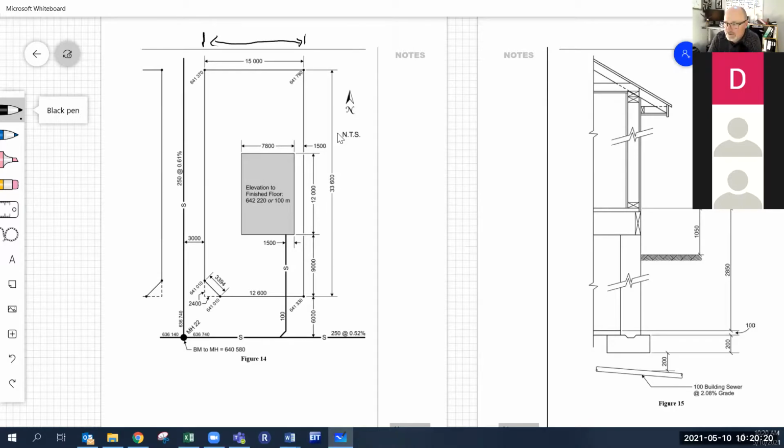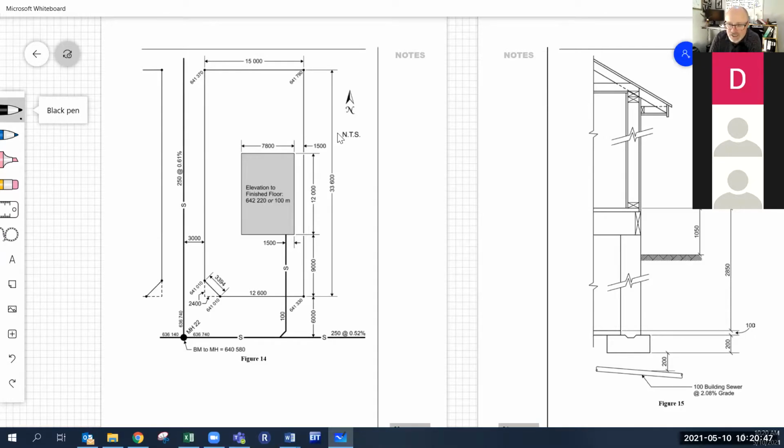Everybody? Yep. Okay, this is the north property line right here. So along the north property line we take the difference from there, and that difference is 420 mils.